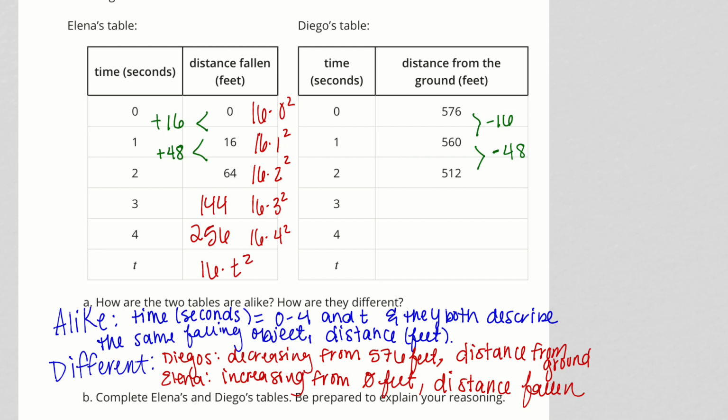From the what? From the distance. From the max. So from our 0 seconds. So from 576, we're subtracting 16 times 1 squared the first time. So 576 minus 16 times 1 squared.